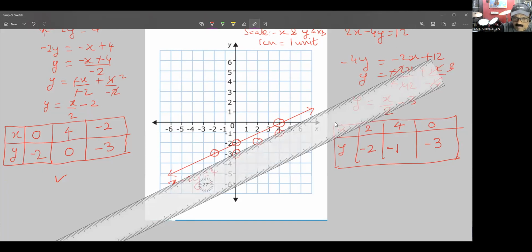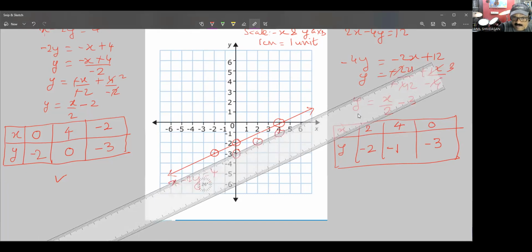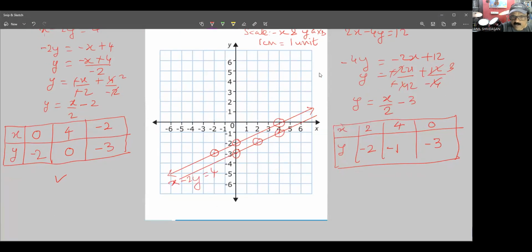So you can see that they are not intersecting. Let's look at it after we draw the line. So I'll just take the ruler off. So what you get is 2 lines which are not intersecting.